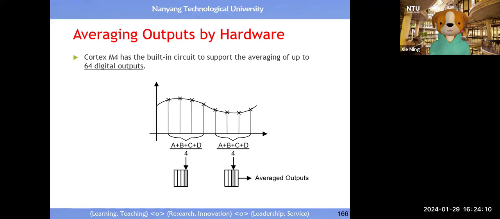Then output, this is another additional feature. You can do the filtering, remove the white noise, right? After digitization, how many numbers you can add together and compute the average, then it becomes the actual output. So it's a built-in operation to filter out the white noise.